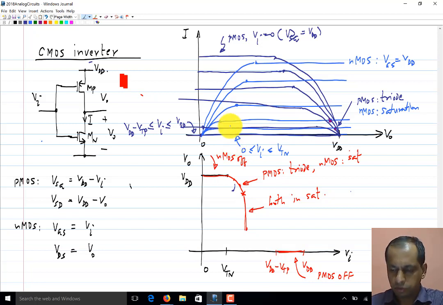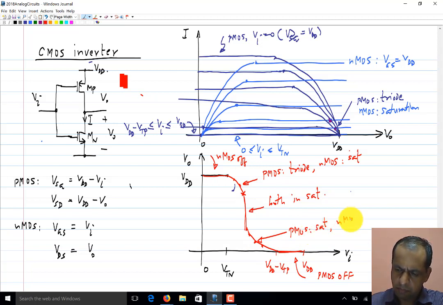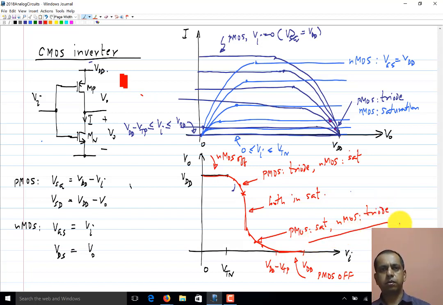So NMOS will be in triode region and PMOS will be in saturation. So these are the large signal characteristics of the CMOS inverter.